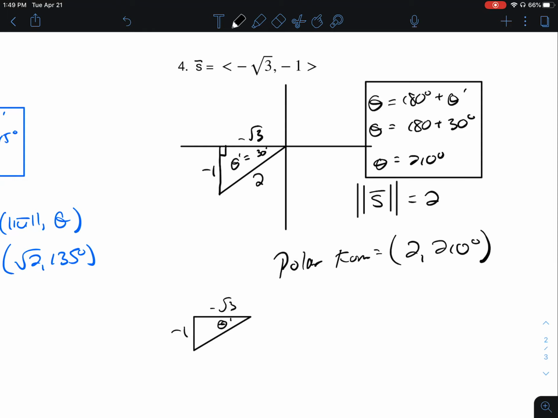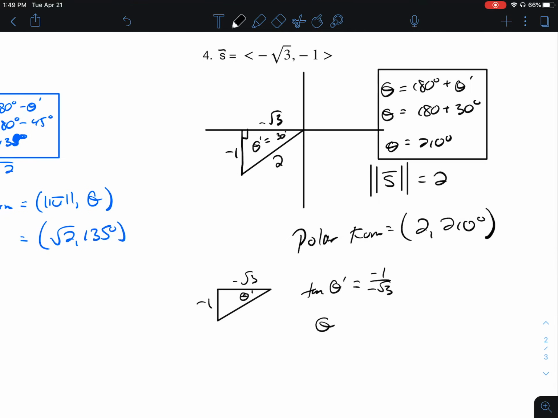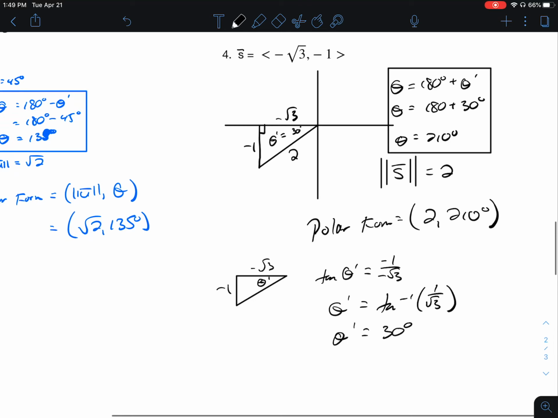We could say that tangent of theta prime is y over x. You put this in your calculator. Theta prime is tangent inverse of 1 over the square root of 3. And your calculator is going to give you this is 30 degrees. It's not the answer to the problem, but it's the answer to the angle in this triangle.